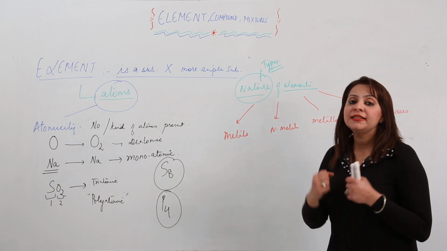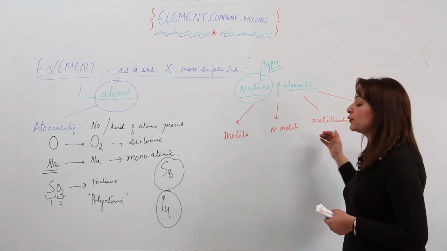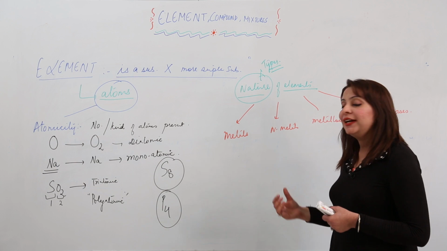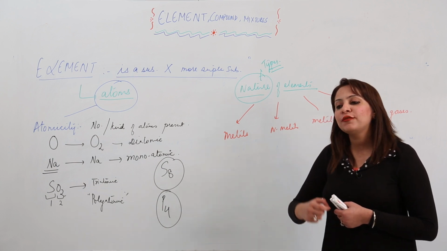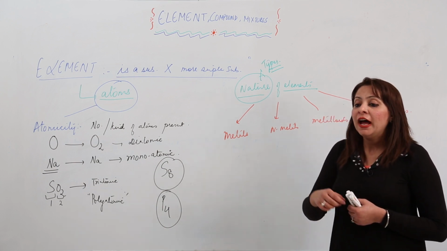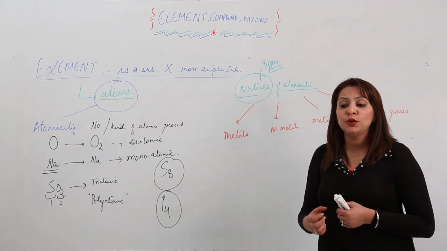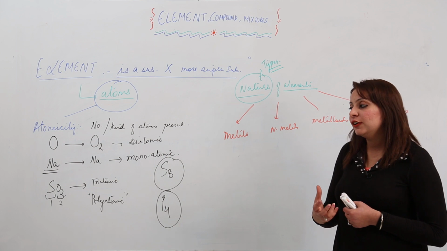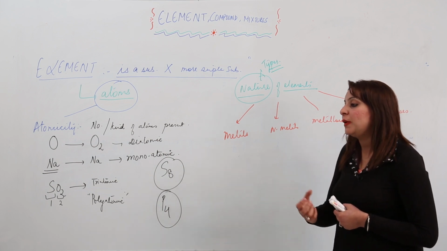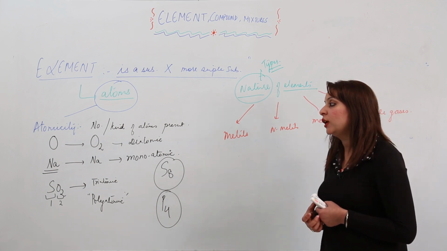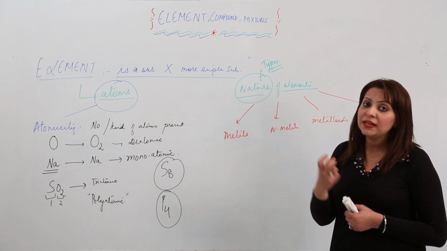Now, what is the criteria behind classifying the elements into the 4 categories? The criteria is only the properties, the physical and the chemical properties they are showing. That is how they conduct electricity, do they produce heat, if current is passed what happens, is heat produced or not, are they sonorous or lustrous.